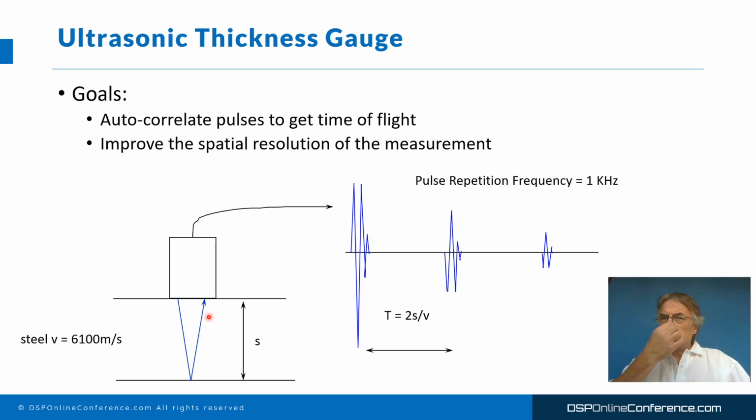So in this application, it's a real-time production system, and the pulses run continuously, but there's a pulse repetition frequency of about 1 kilohertz. So there's 1 millisecond between pulses where we can analyze the reflections of the pulses that are transmitted.